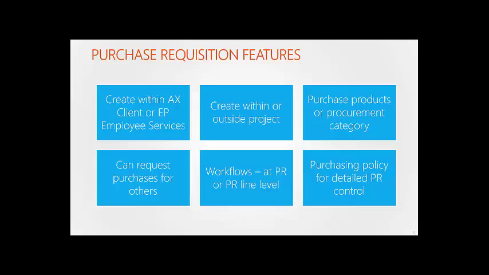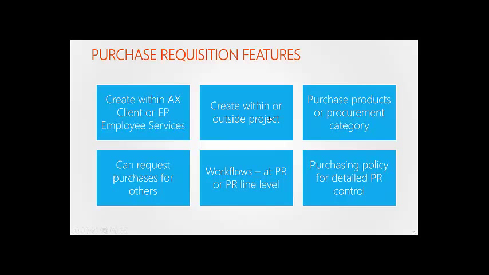You can either do them from a catalog viewpoint if you want to have all that searching and filtering and looking at products with pictures, or you can do it in a form that looks almost exactly like what you see in the client. And of course, if you've got some users who may only have the self-service license, which is the most inexpensive license that you can get from Microsoft, then being able to let them raise purchase requisitions from the enterprise portal can be a really useful feature.